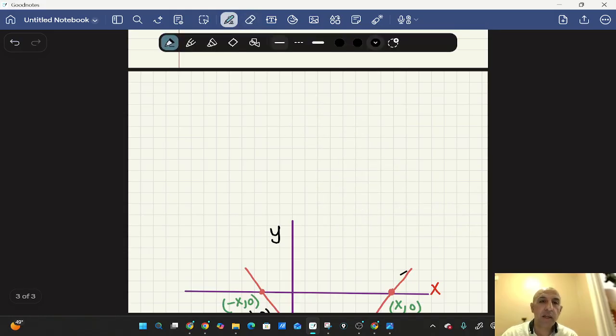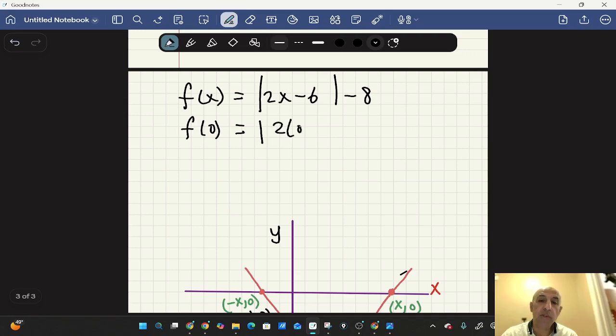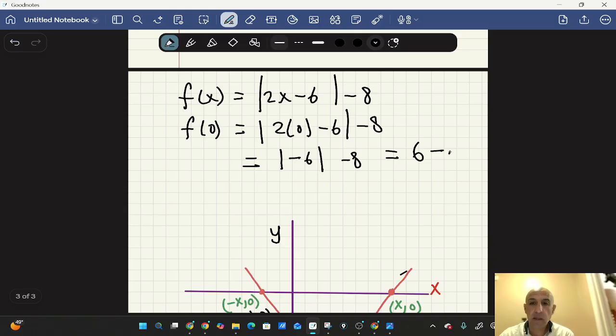The function again is equal to the absolute value of 2x minus 6, minus 8. Now f of 0 is the absolute value of 2 times 0 minus 6, minus 8. Now 2 times 0 is 0, minus 6 is the absolute value of minus 6, minus 8. The absolute value of minus 6 equals 6, minus 8, which is equal to minus 2.